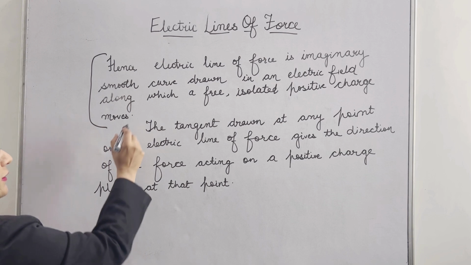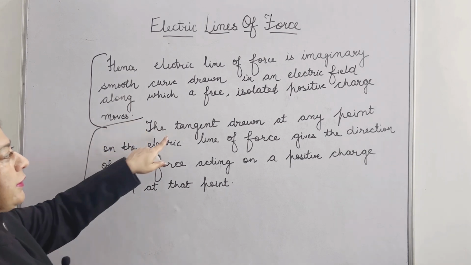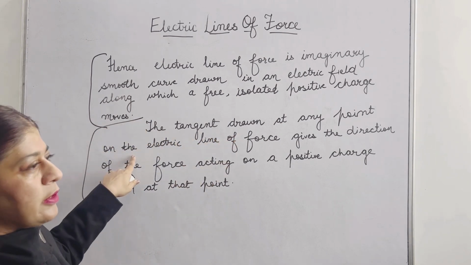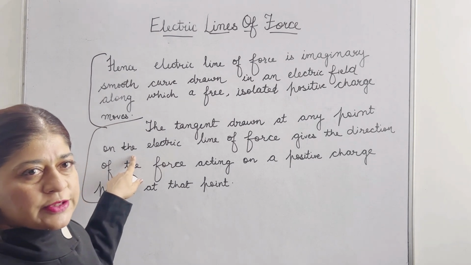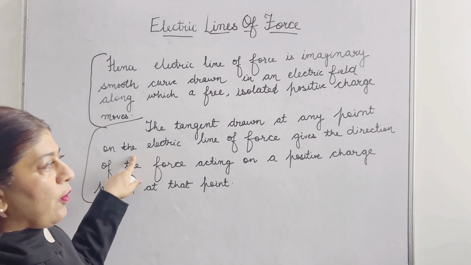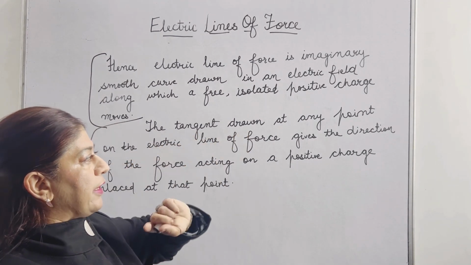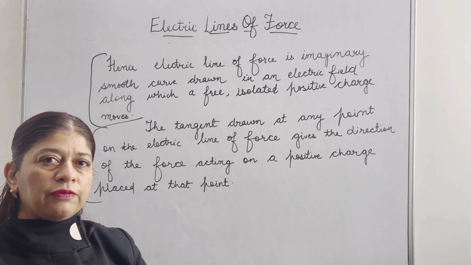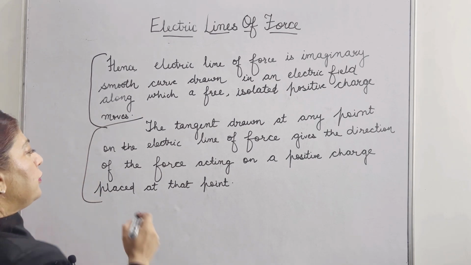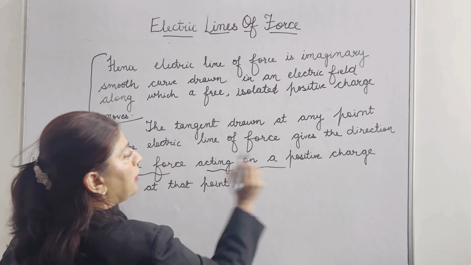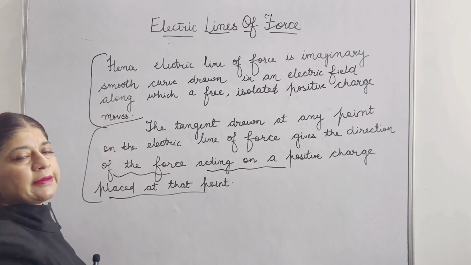Now, the second thing. The tangent drawn at any point on a line of force gives the direction of the force acting on a positive charge placed at that point.